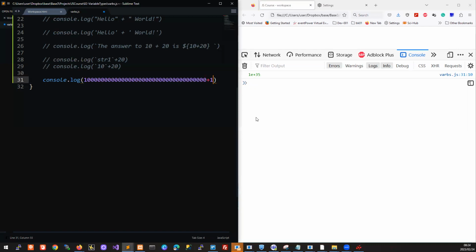And of course, if we try adding a 1 to that, then that 1 is insignificant in comparison with that. So the answer to this operation is not a perfect 1 times 10 to the power 35, but there is some rounding off that happens here. So it is possible to lose some data when doing operations like this.